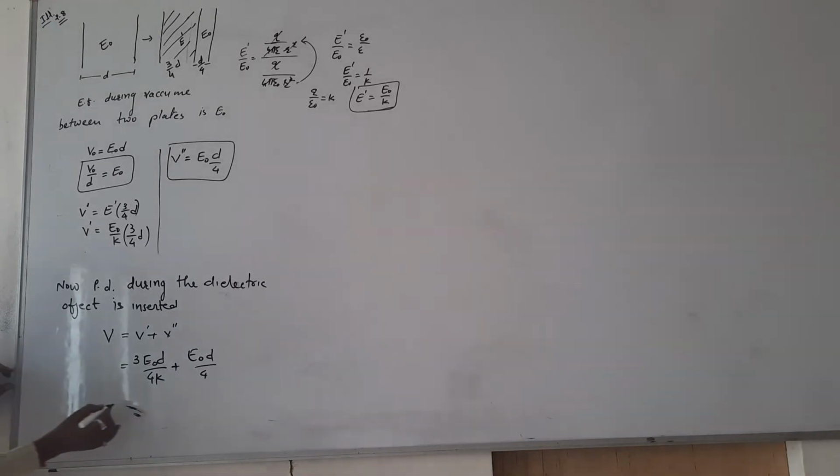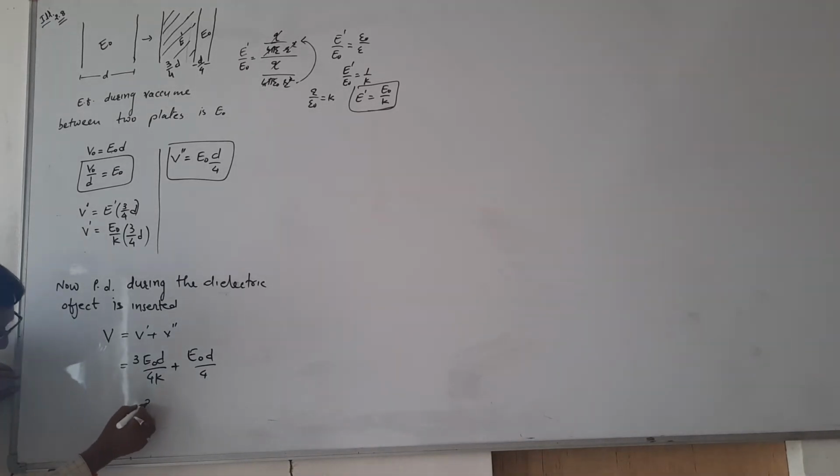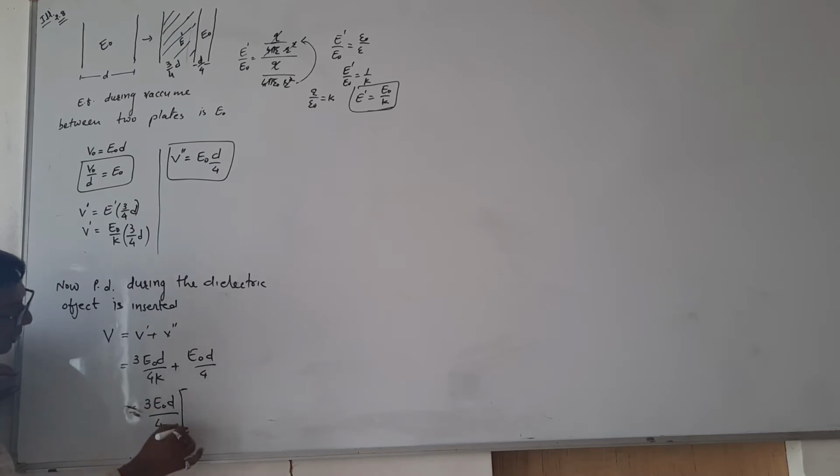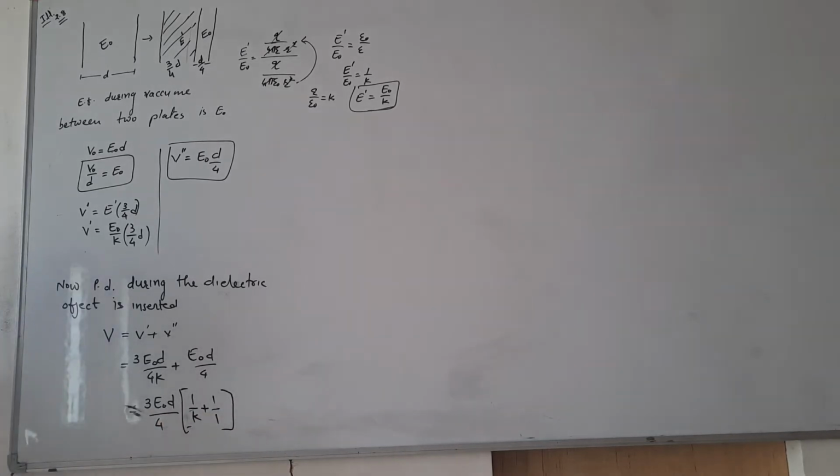So what is happening over here? 3 E0 D upon 4 is common. Now 1 upon K plus 1 upon 1 is there.